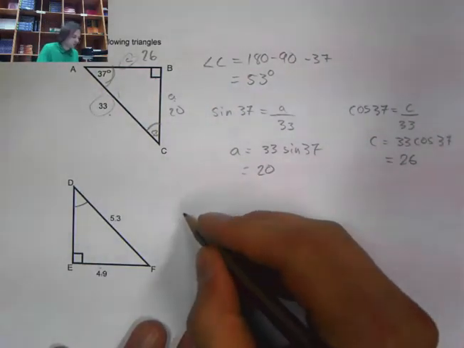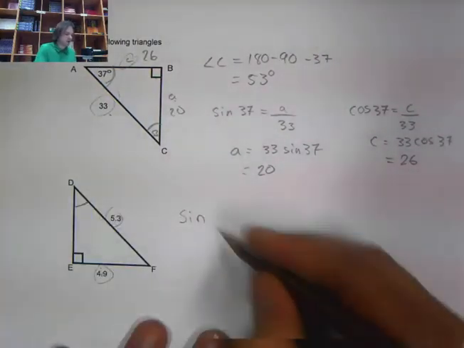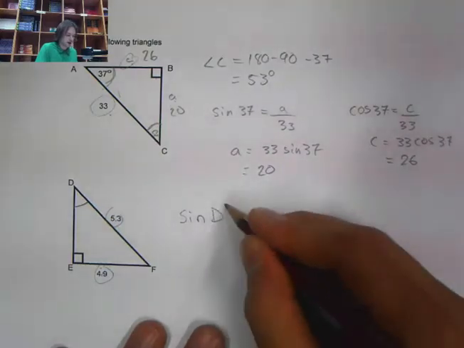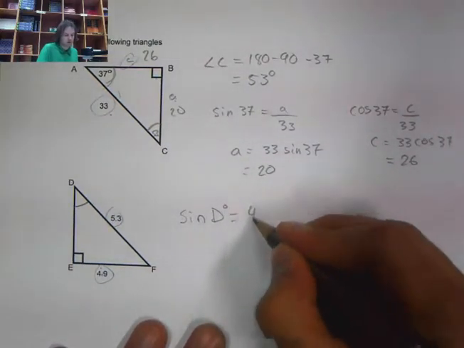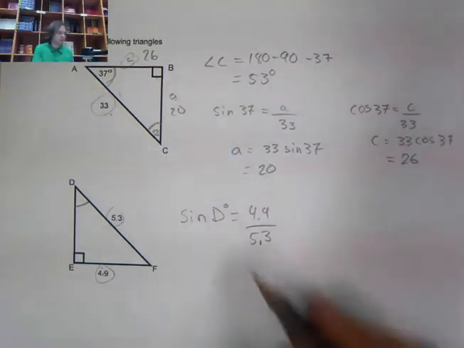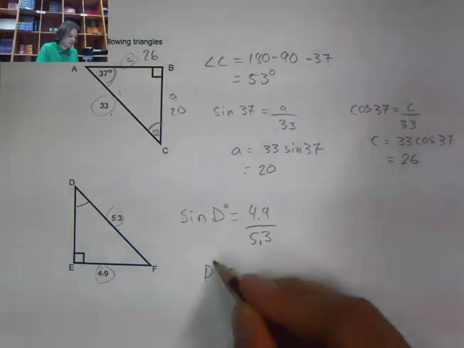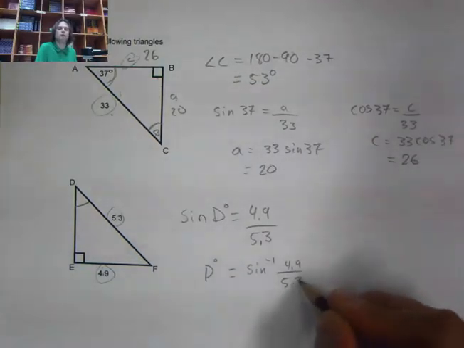So I'm going to use sine, because I know the opposite and the hypotenuse of D. Sine D, angle D, is equal to the opposite, which is 4.9 divided by the hypotenuse, 5.3. Okay? So I know D is equal to the inverse of sine of 4.9 divided by 5.3.